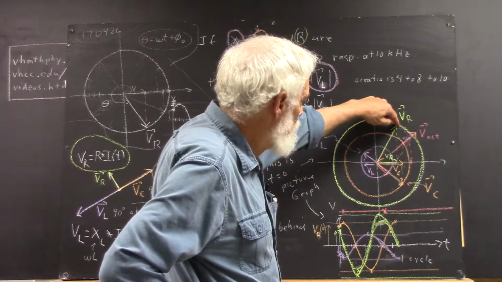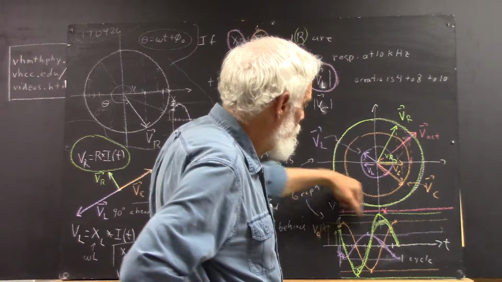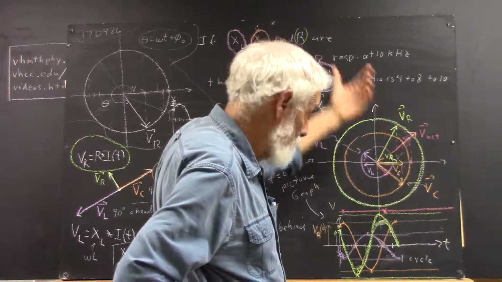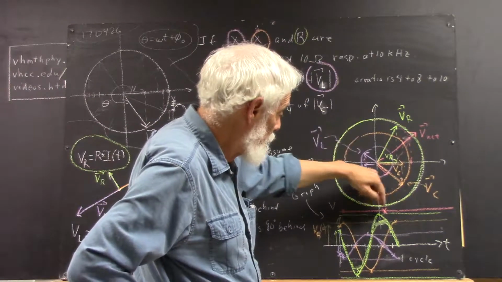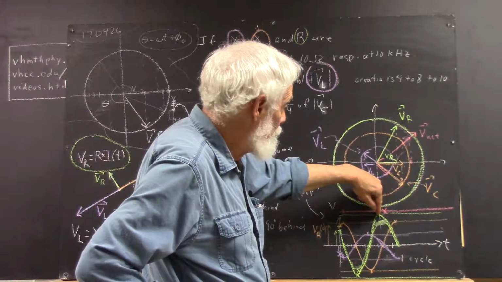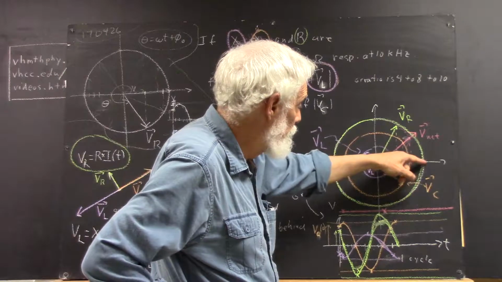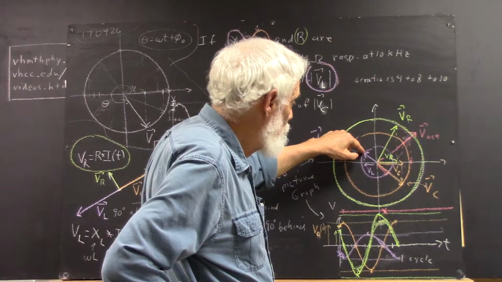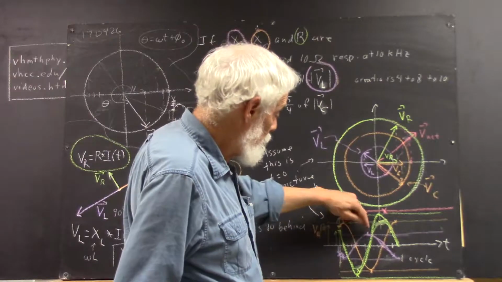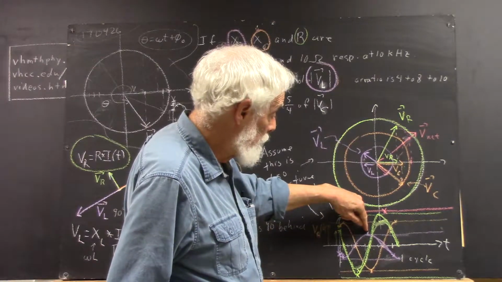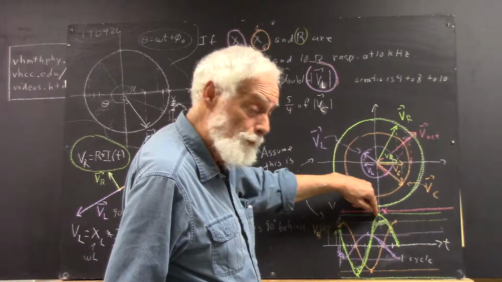V sub r reaches this peak when the whole thing comes around to here. Let's look at the y-axis. So that comes much later than this, but it's here. Now, by the time V sub r gets here, V sub L will have already been here. It will have reached its peak. So you see that V sub L peaks before V sub r does.